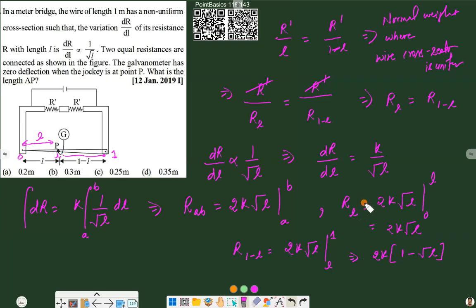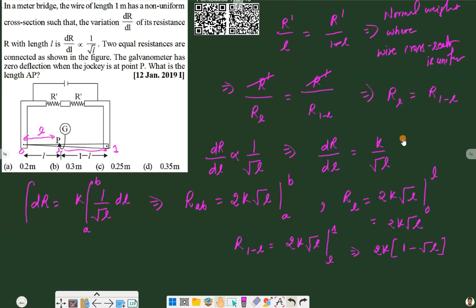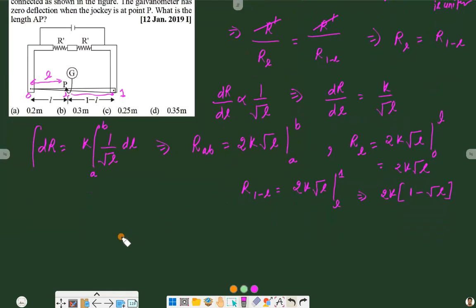So these will be the two values of the two resistances, and as per our initial condition, both of these resistances should be equal. So 2k root L is equal to this value, and it is equal to 2k minus 2k root L. Adding these two, we get 4k root L is equal to 2k, and k gets cancelled, and we get root L is equal to 1 by 2.